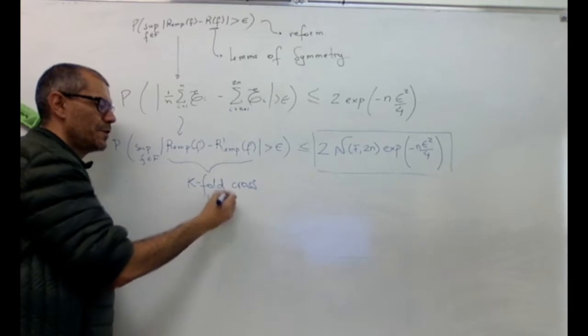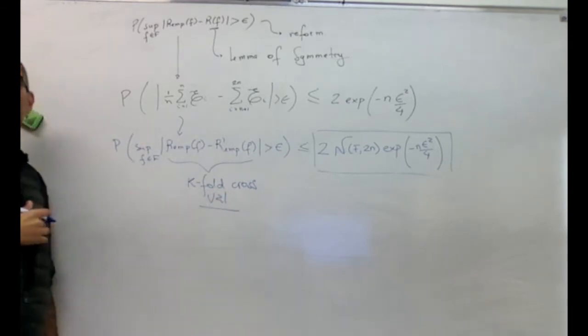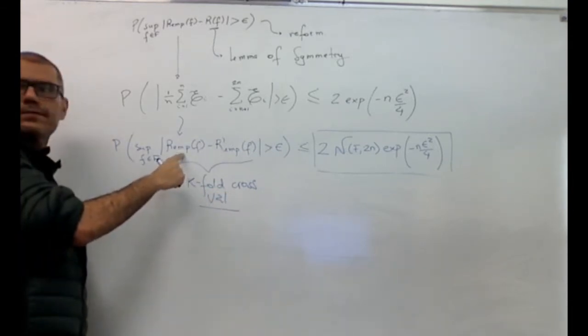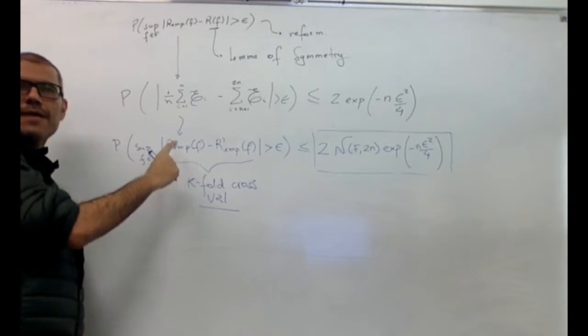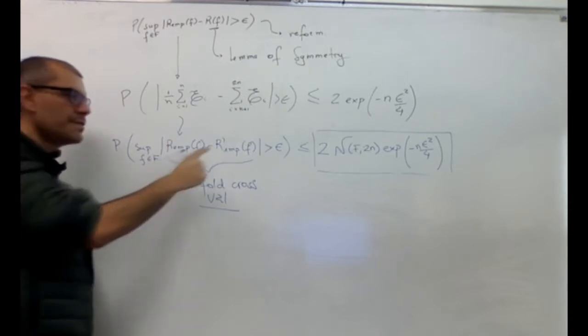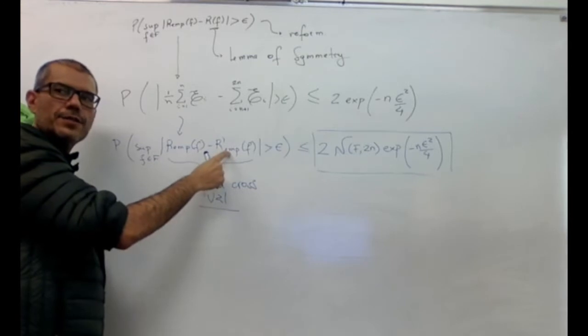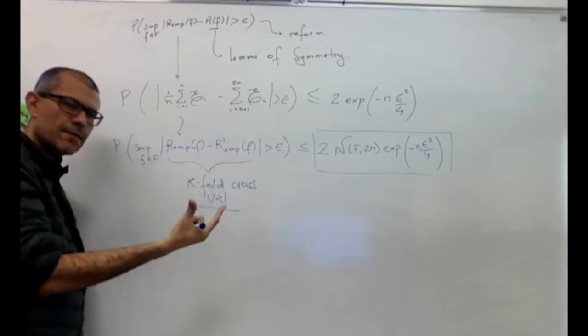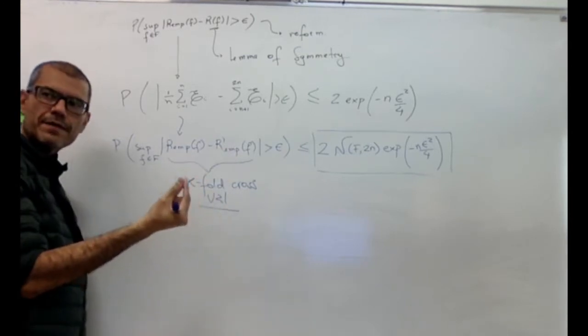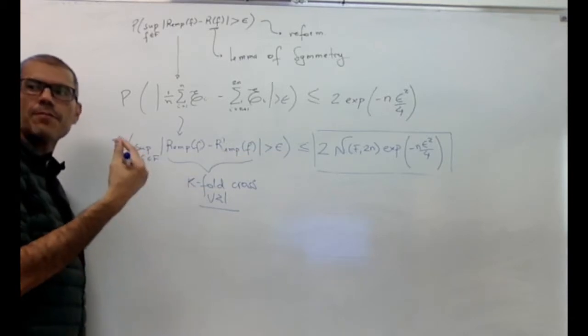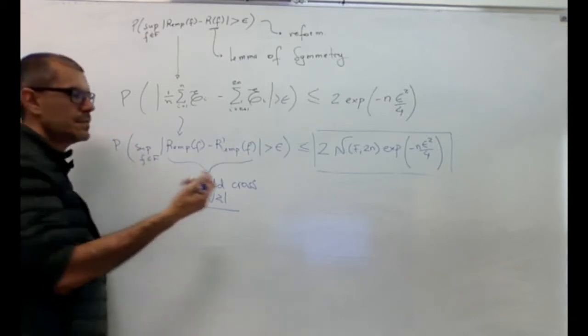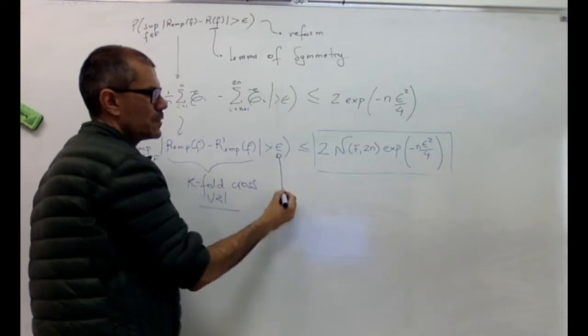That's the k-fold cross-validation. Because if I have a sample, I measure the error there, I measure the error in another sample, and if the errors are both very, very close, that somehow means that my epsilon is not too big.